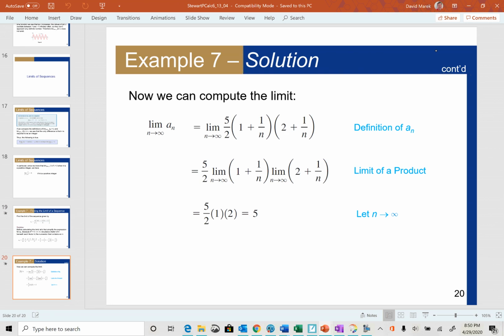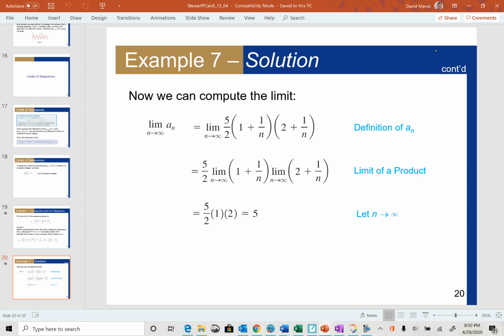All right, so if we use some of our rules here about limits, we can say the limit as n approaches infinity of this expression is the limit then of our simplified expression. The 5 halves, we can pull that out front. And again, for the product, we can take the limit of each of those sets of parentheses individually.